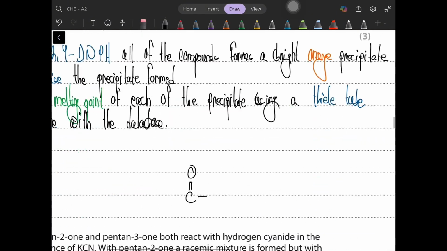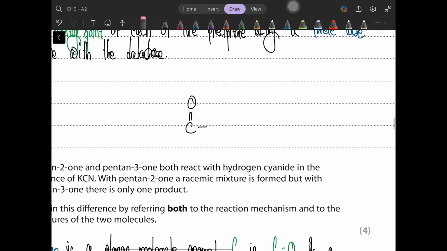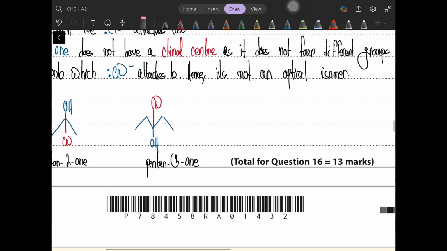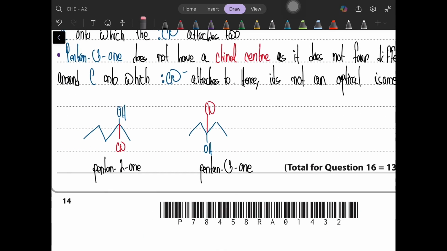Let me just quickly draw the mechanism. Oh, I have it drawn over here. So this is pentan-2-one, right? So the cyanide ion can attack from both above and below equally, and this leads to the formation of a racemic mixture, right?